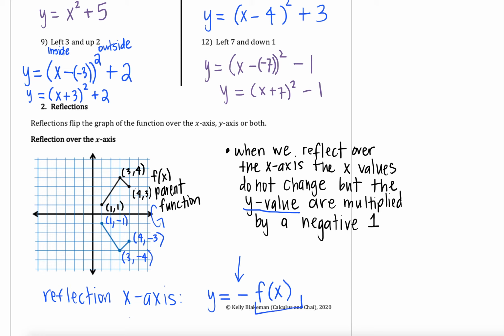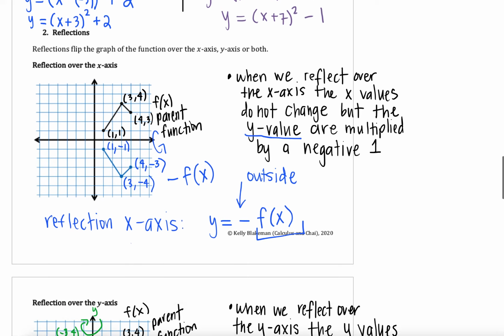So remember, f of x is our parent function, and I'm multiplying that by this negative outside this function. So just like before, when we were dealing with the y coordinate changing, that is happening outside our parent function of f of x. So we get that negative sign in front. So this graph down here I could represent with negative f of x then.